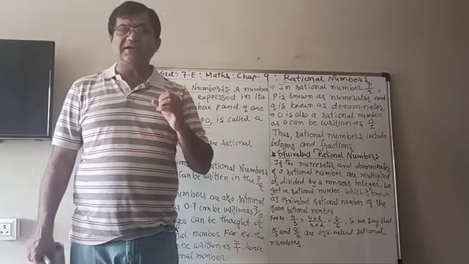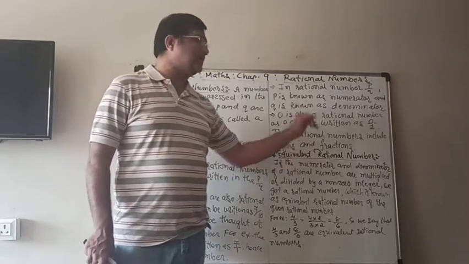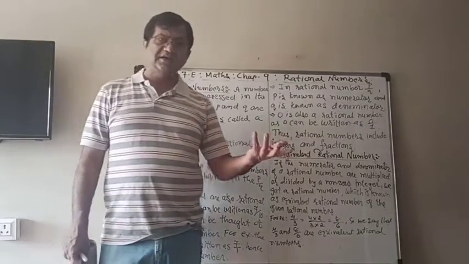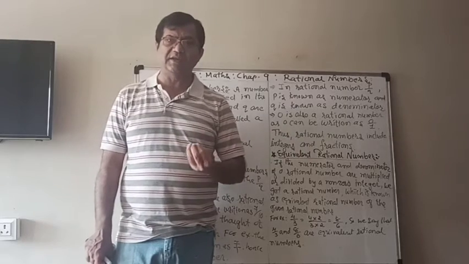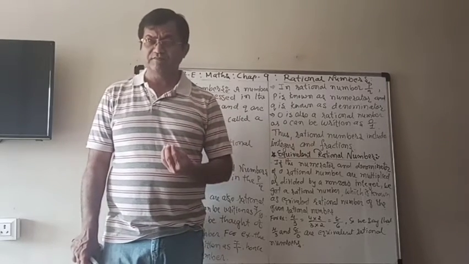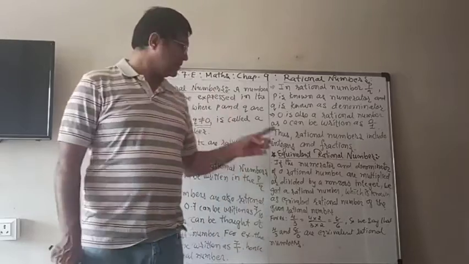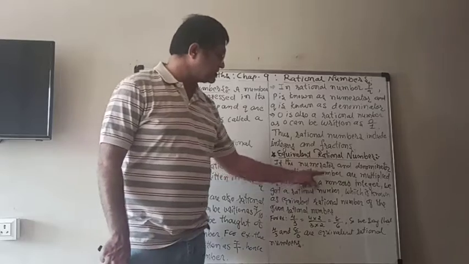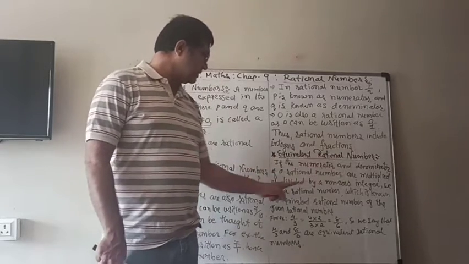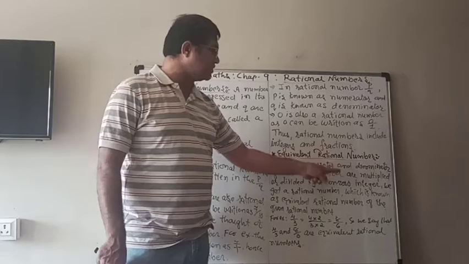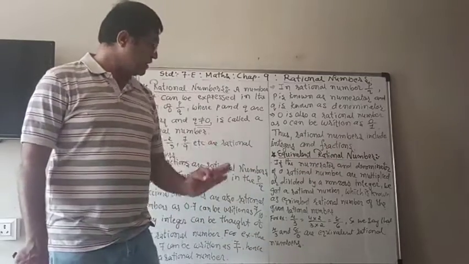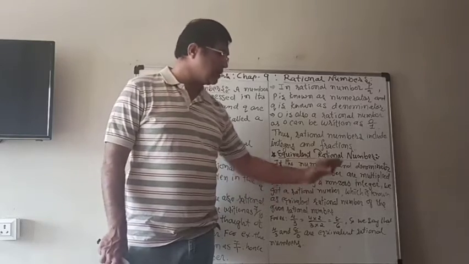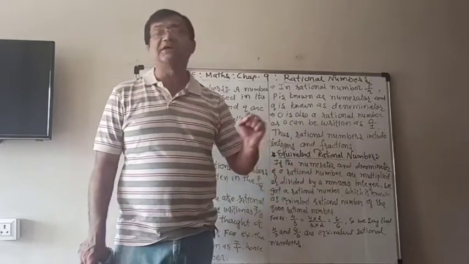Now we have to understand equivalent rational numbers. The word suggests the meaning: it means they are equal. So if the numerator and denominator of a rational number are multiplied or divided by a non-zero integer, we get a rational number which is known as an equivalent rational number of the given rational number.